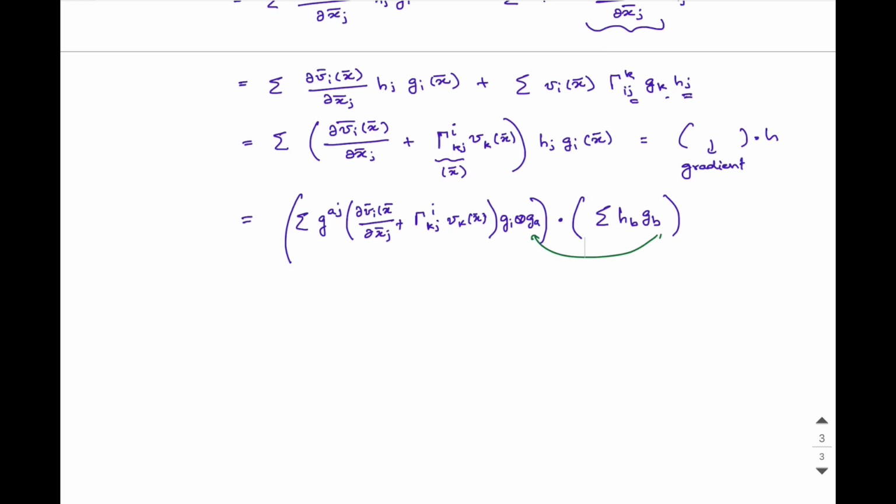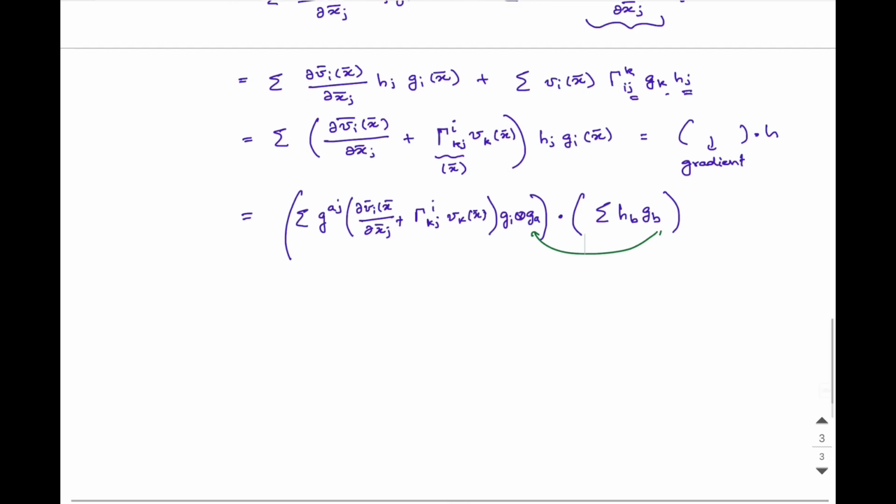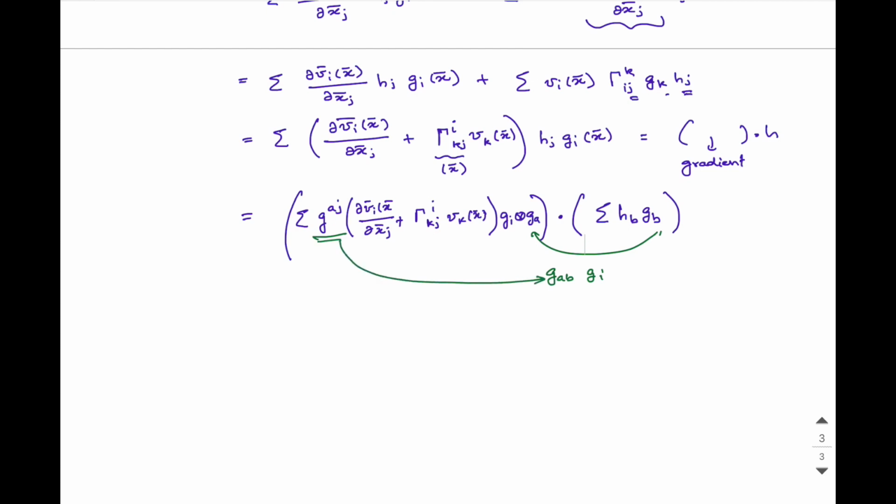So once you have this, you know that g_a dot g_b is g_ab, so when you take the dot product, you have g_i times this quantity g_ab, that's going to give a term like g_ab times g_i, but when you pair g^{aj} with g_ab, you get a delta_jb, so you replace the b here with the j, and you recover back this expression.